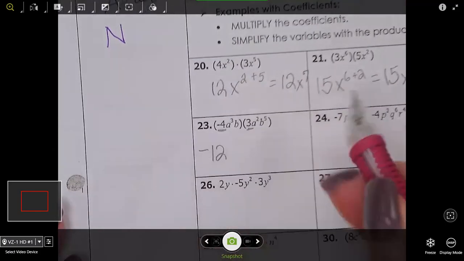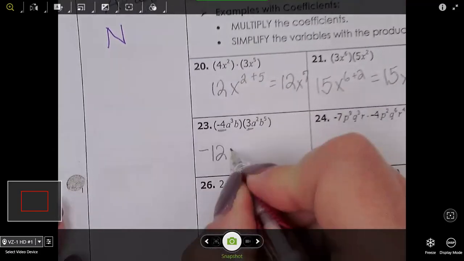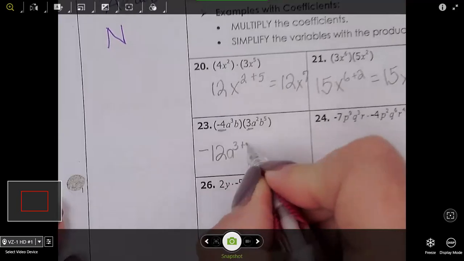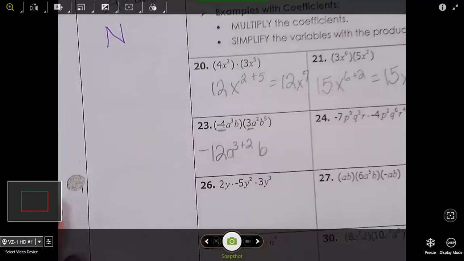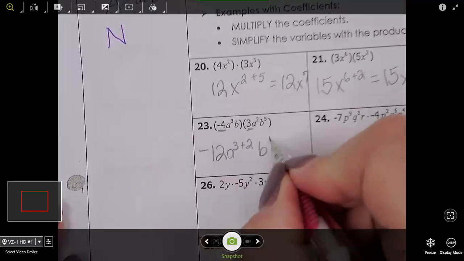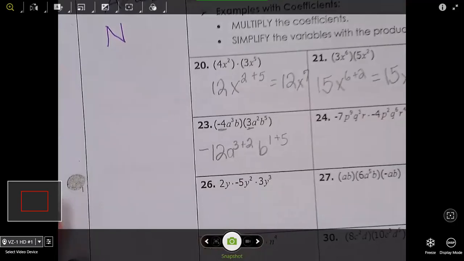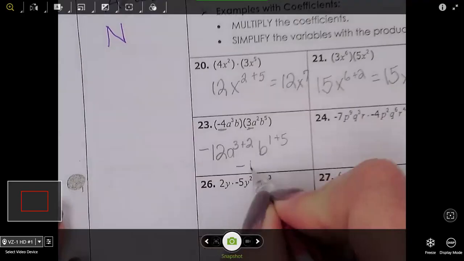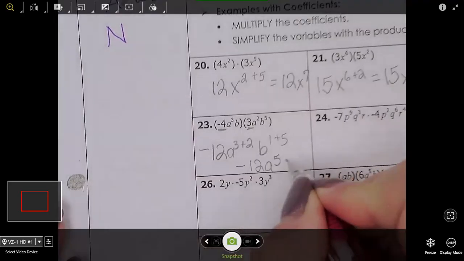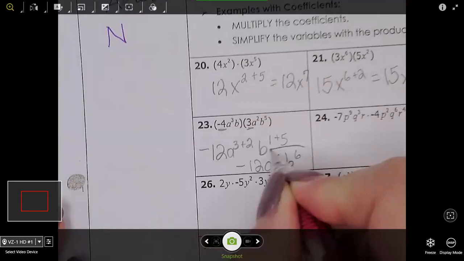And I'm going to add the exponents. A to the 3 plus 2. B to the, and y'all got to help me, I cannot see this, 1 plus 5. Okay, so what is my answer? And again, if I were working this out, I would not write that work. Negative 12, A to the 5th, B to the 6th.